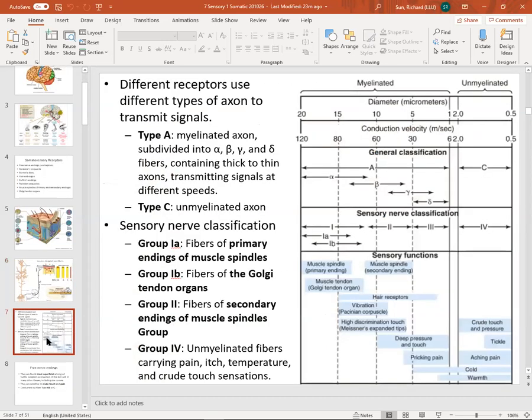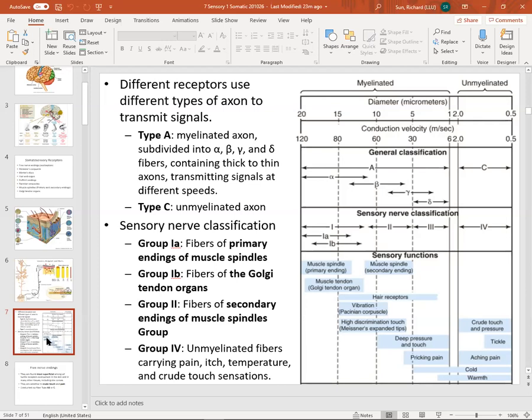Because different receptors come with different nerve fibers, we sometimes see in the textbook that they don't call it a specific type of receptor.